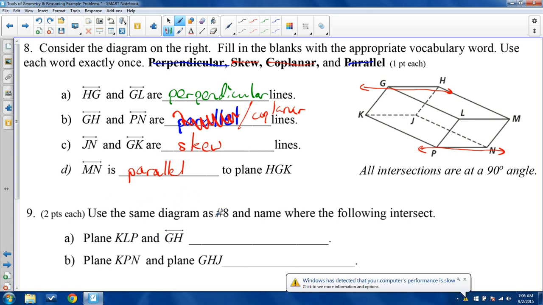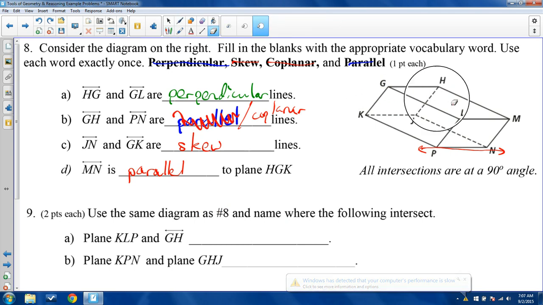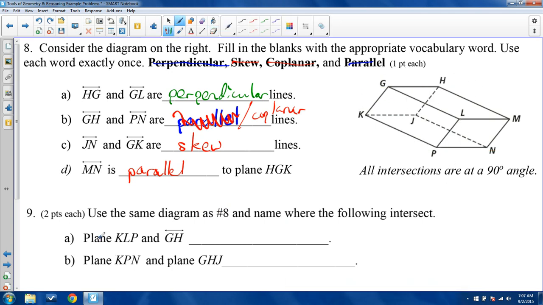Okay, number 9, use the same diagram as number 8 and name where the following intersect. Here we go. Let's do plane KLP. So KLP is the one, it's this front-facing one. And the line GH. Okay. There we go. Now remember, this plane still goes on forever.